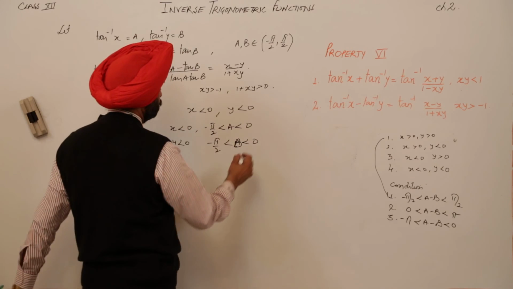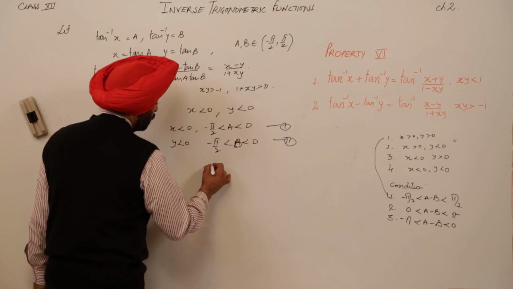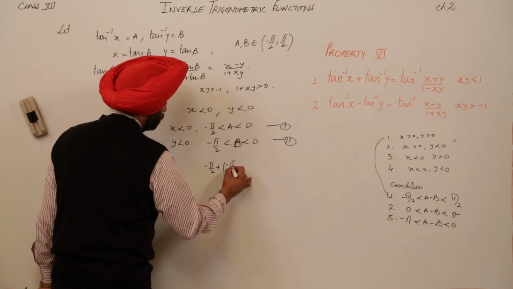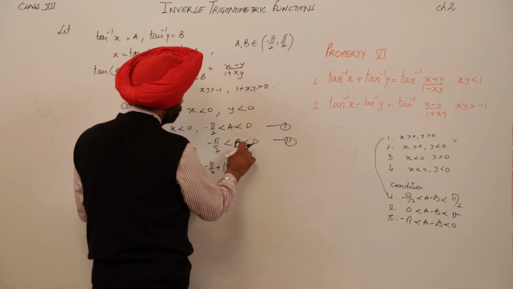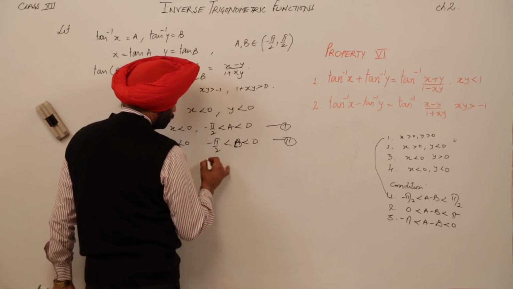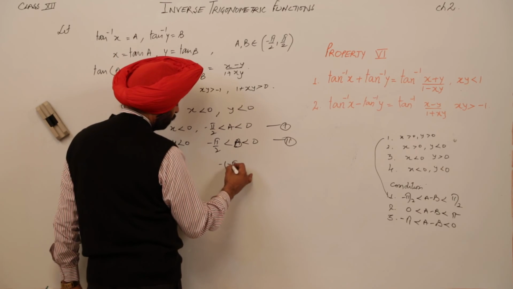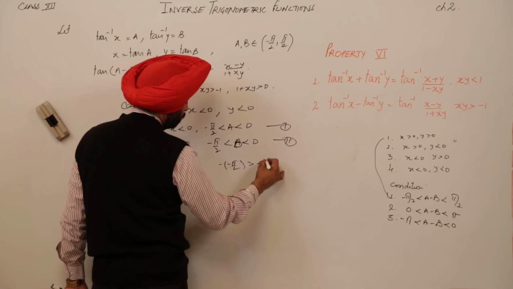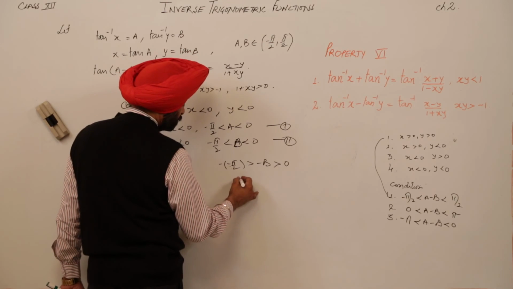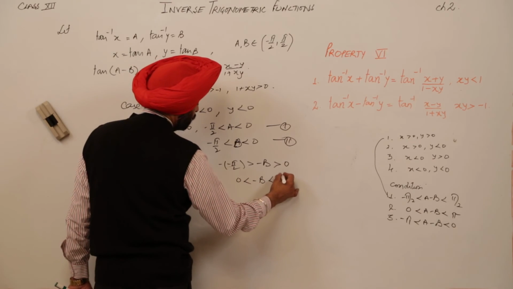Now adding 1 and 2, what do we get? Minus pi by 2 plus minus pi by 2. I am sorry, I have to change this as a negative also. So now changing these symbols, we are getting minus pi by 2 is greater than minus b is greater than 0, or we can write 0 is less than minus b is less than pi by 2.